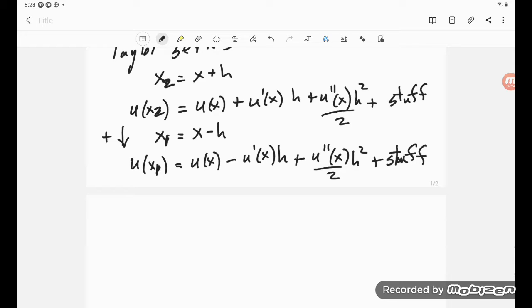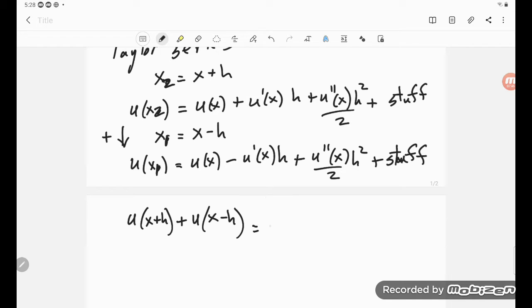Okay, so what we have then is u of x2, which now I'm going to write as u of x plus h, plus u of x1, which I'm going to write as x minus h, because that's what those were.